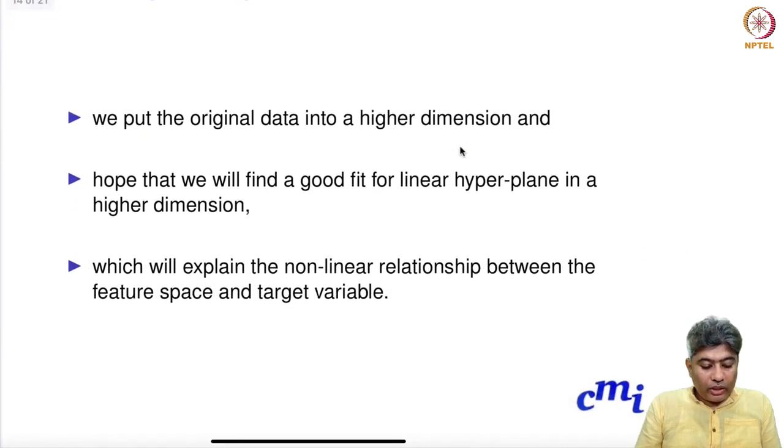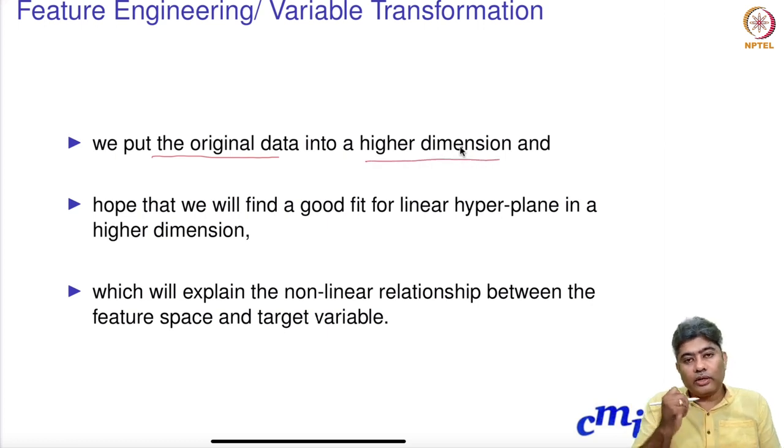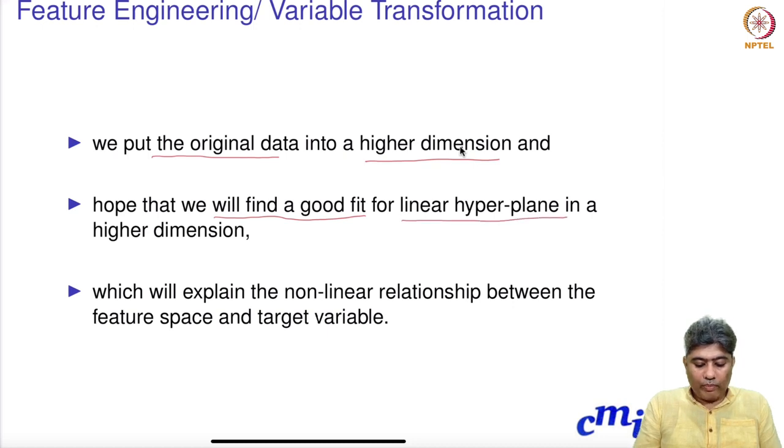So with feature engineering or variable transformation, we put the original data into a higher dimension. This is the first trick. And you hope to find a good fit with a linear hyperplane in the higher dimension, which will explain the nonlinear relationship between the feature space and the target variable.